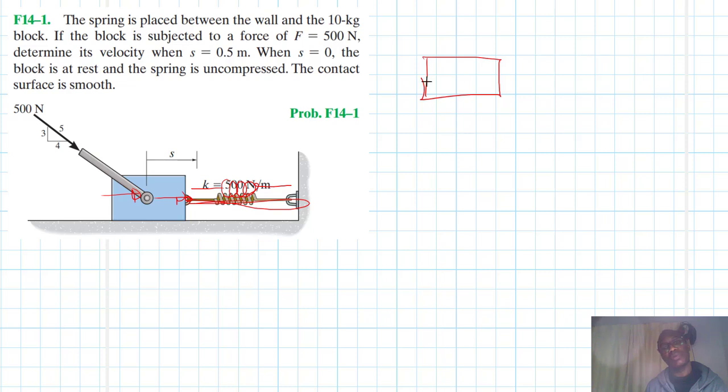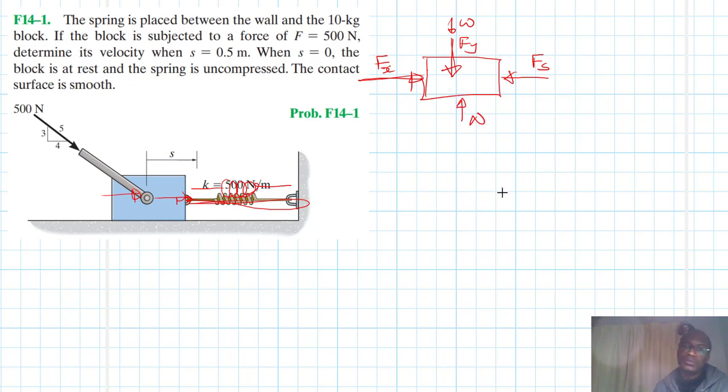So we have the block like this, and we have two components of force, one in this direction and the other in this direction. On this side, we are going to have the spring force. We have the force, and this is Fx, this is Fy, and we have the weight and the normal force.